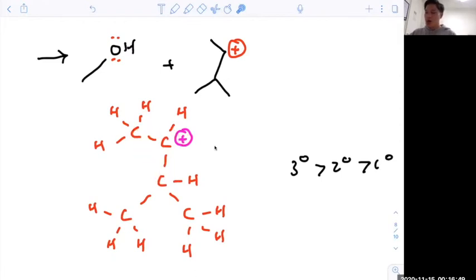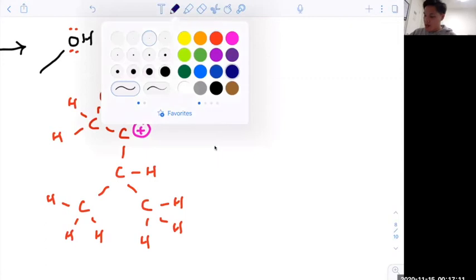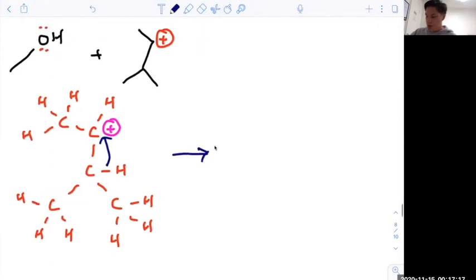Okay, so we can't take it from up here, because if we put this hydrogen here, this would make a primary carbocation, which is a lot worse than what we have now, right? But we can take the hydrogen from here, which is a tertiary carbon, okay? So let's see how that works. It's a simple mechanism. This hydrogen bond is going to go to the C, and then we're going to form.